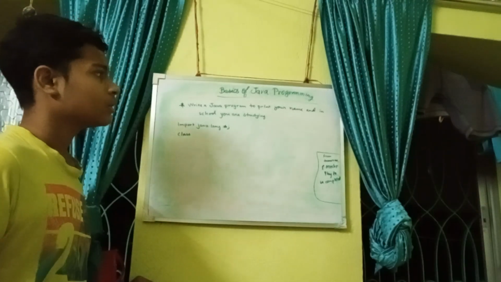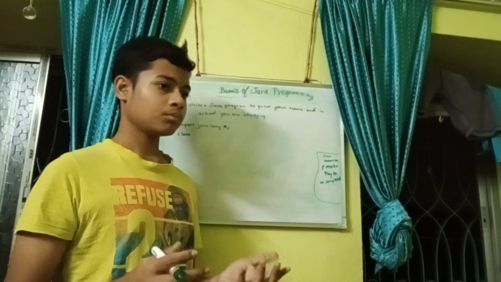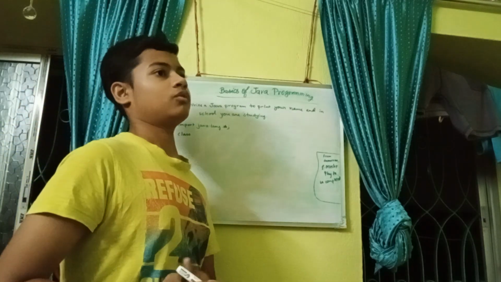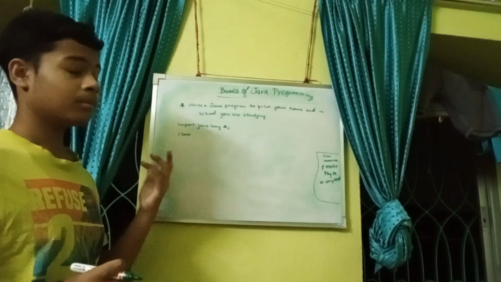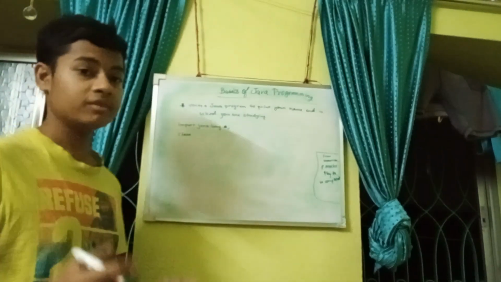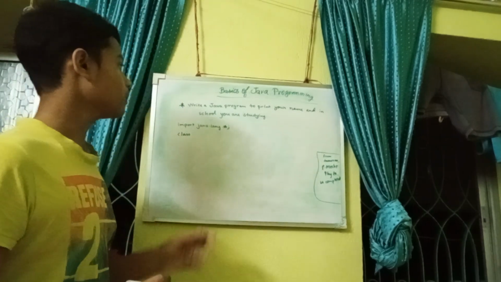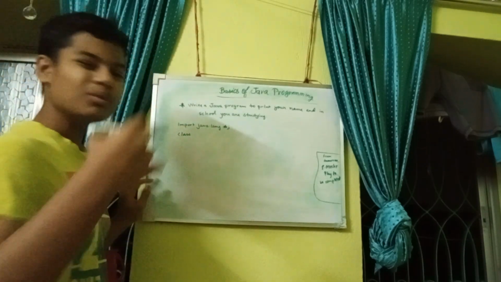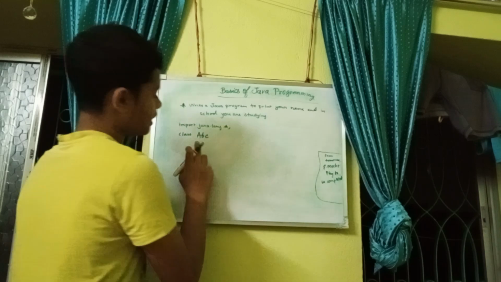This is for those who want to be in the software line. They need to know this, and the class name needs to be reasonable, but as you are a beginner, firstly I will give a random class name, ABC.